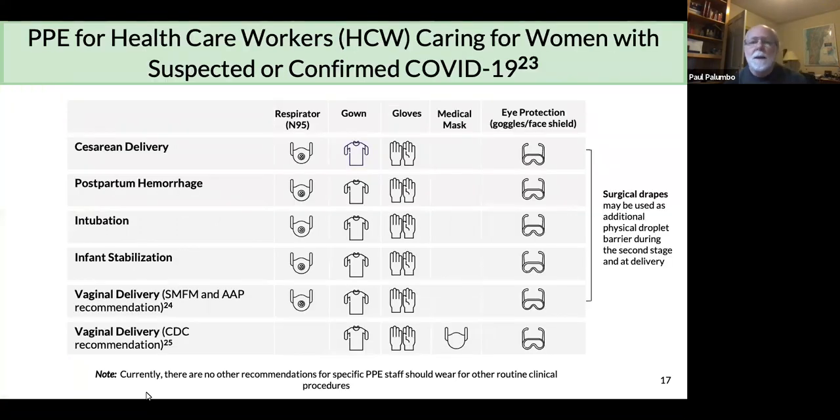So here we have some recommendations for PPE for healthcare workers. Delivery, whether it be C-section or vaginal delivery, is a time where we expect high risk for transmission, for aerosolization, for contact with infected secretions.